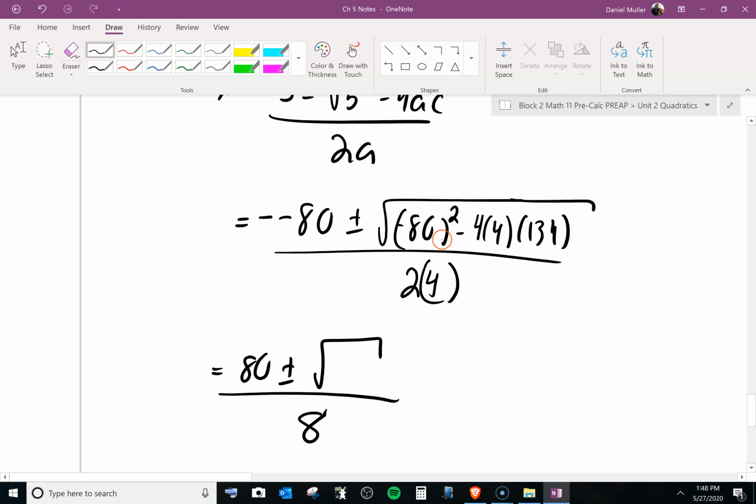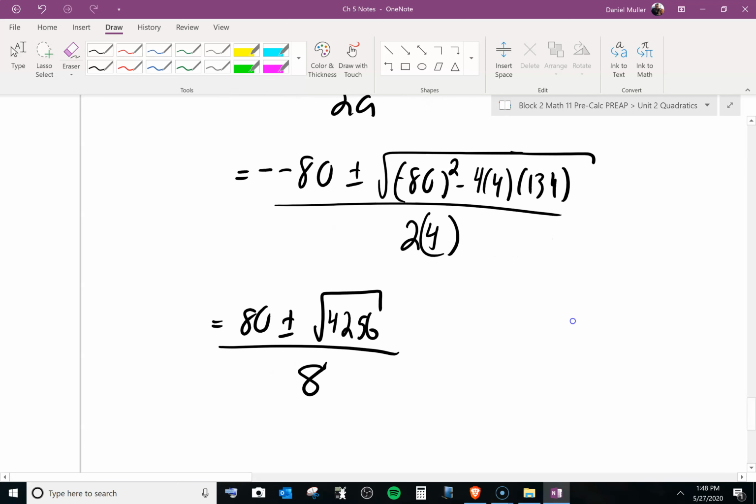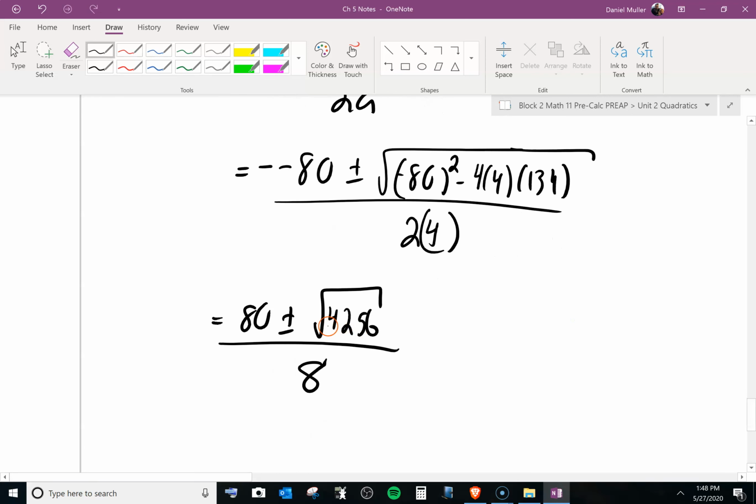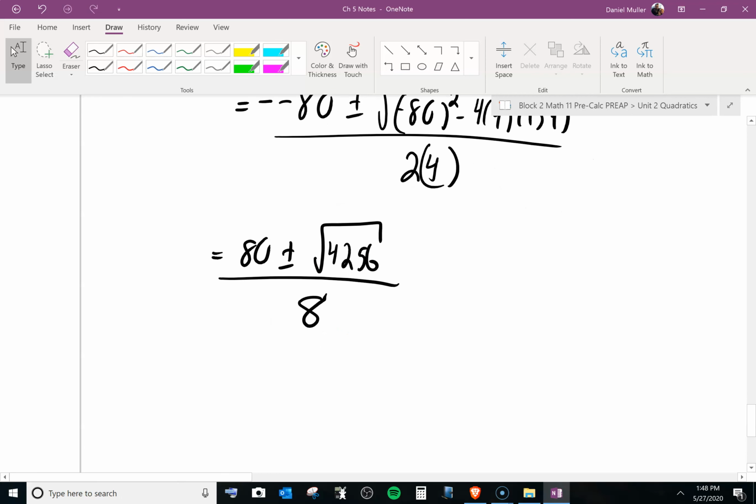This inside, negative 80 squared minus 4 times 4 times 134, ends up being 4,256. That would take a little bit longer to do without a calculator. I understand that. And even this, plus or minus the square root of 4256, is a really gross number.